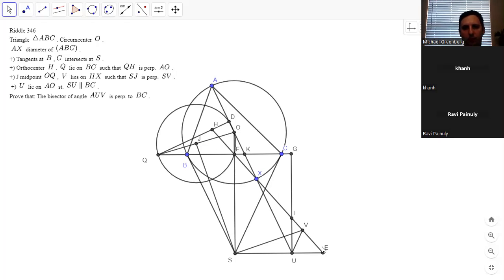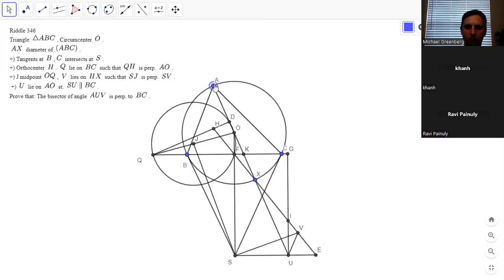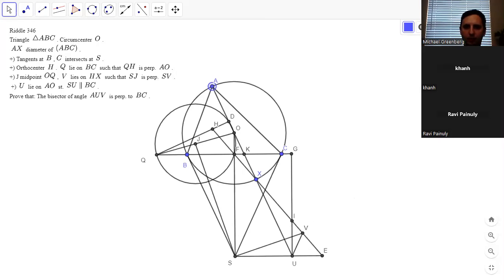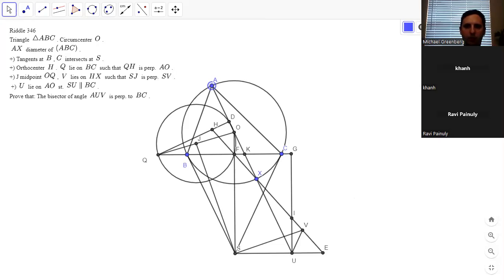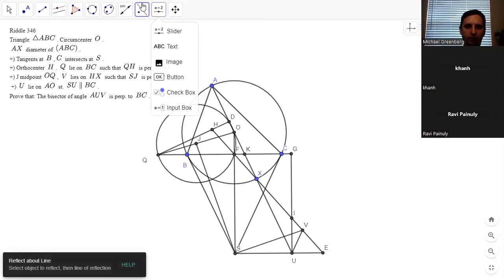We want to show this as the harmonic bundle. So it almost looks like this, but I don't think it can be true that AU is parallel to BS.